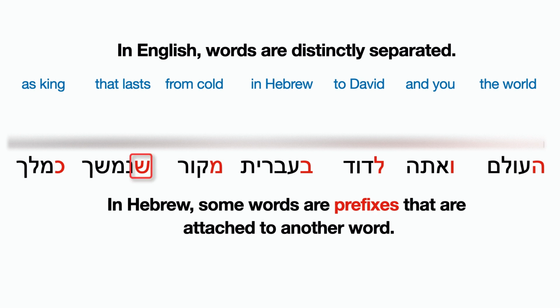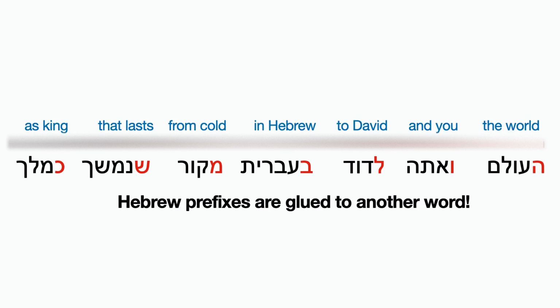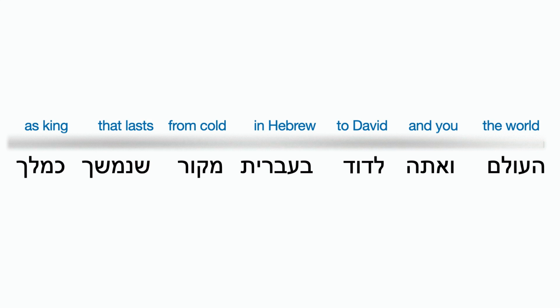She, that means that, again a prefix word, and ki, that means as. So these words are sort of glued to the next word, the word that they are referring to, and I've highlighted them in red here. But in the real world, of course, they're not highlighted, so we just read them as is. We should know that they are compound words and that they are distinct words.